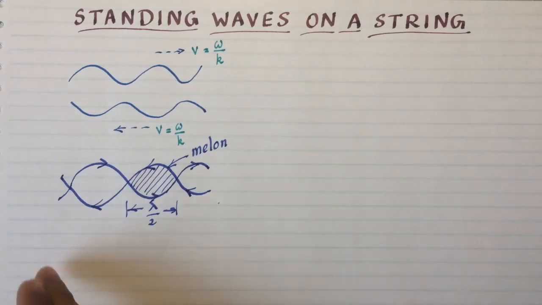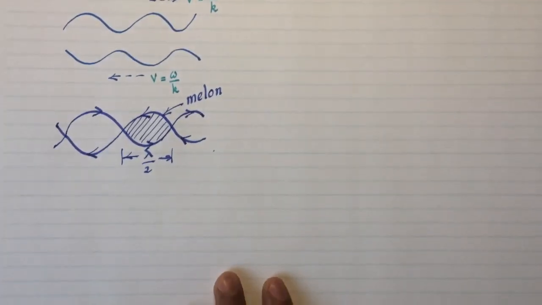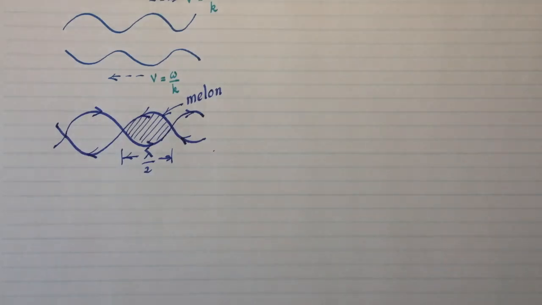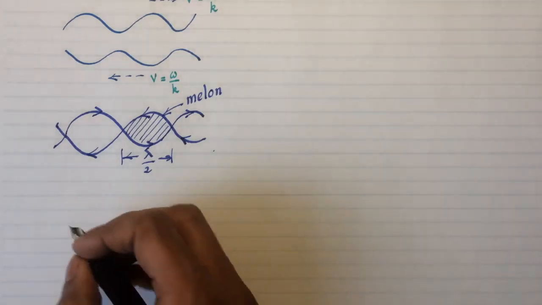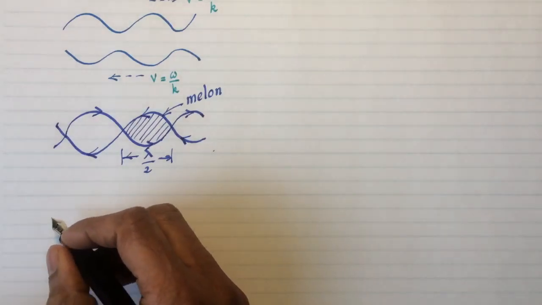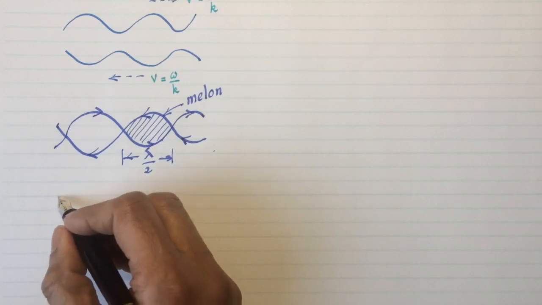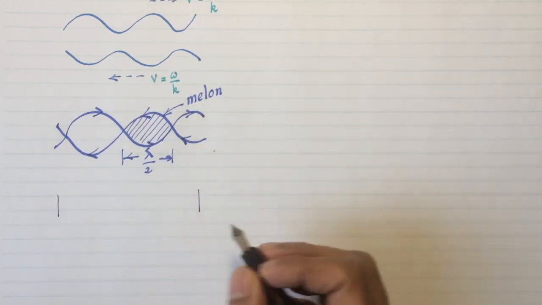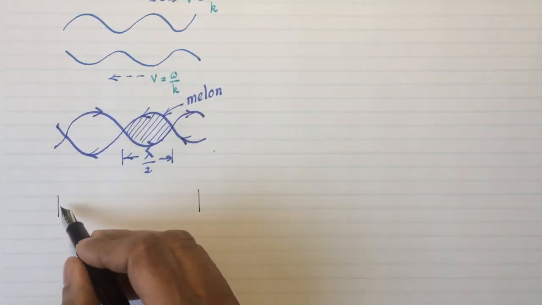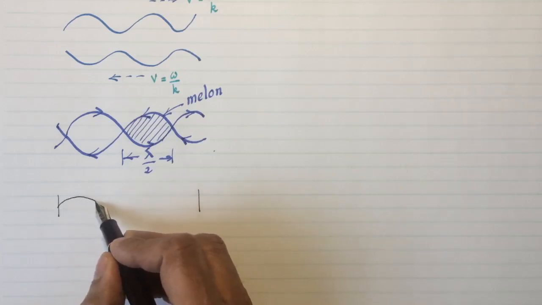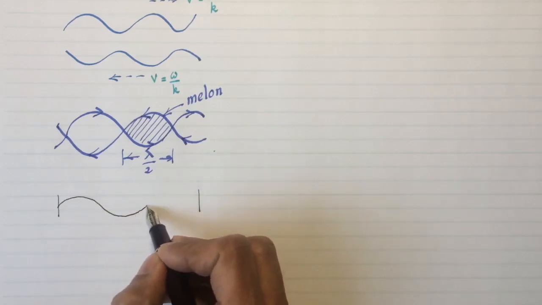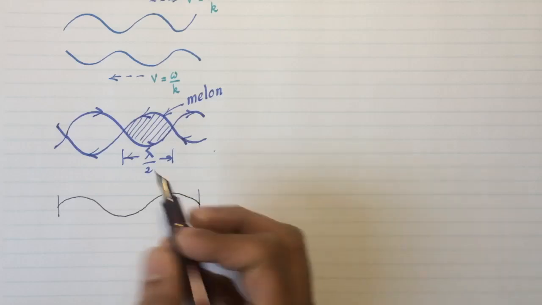Now if you trap this wave between two points, in a typical application in a musical instrument like a guitar or a violin, there's one end that's attached to the tuning pegs and the other end that's attached to the bridge. Or in a more simple example, you have a clothesline, and here I'll draw the n equals 3 case.